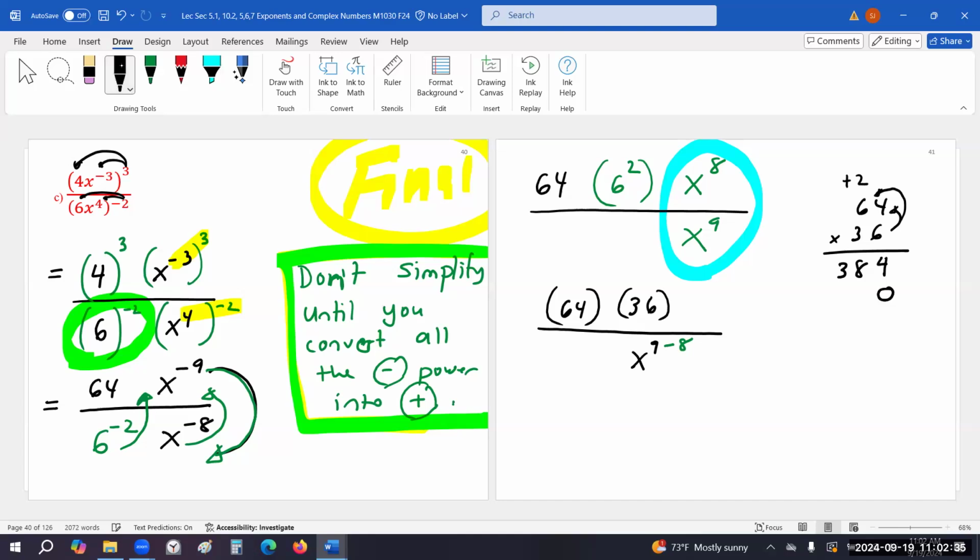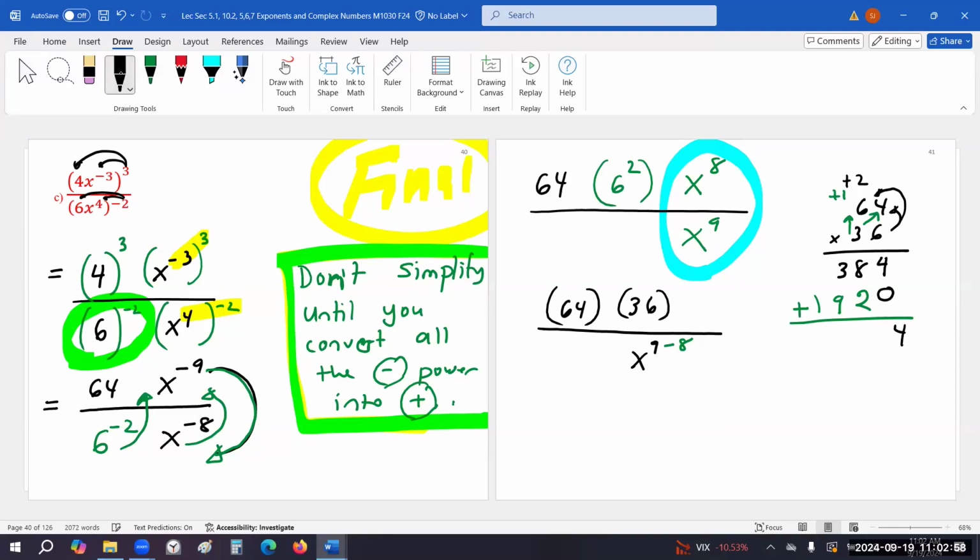And then we leave one place blank. And then do the same thing. 3 times 4, 12. So 2 on the bottom and 1 goes on the top as an addition. 3 times 6 is 18. Plus 1, 19. And then we add.